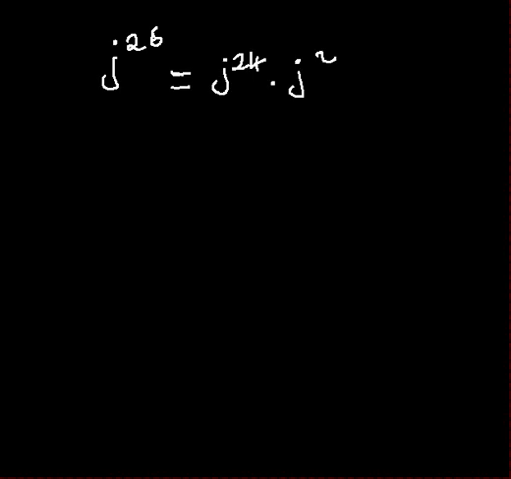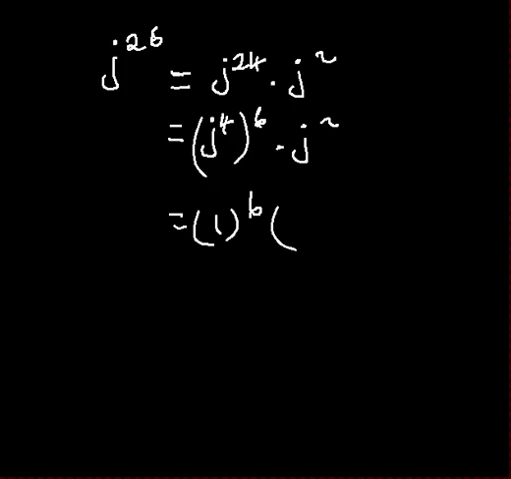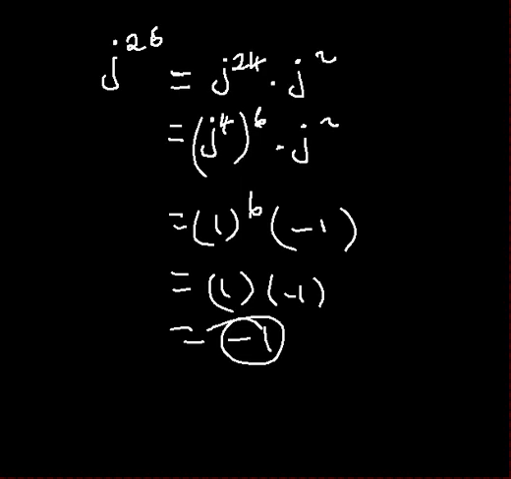But 24 can be expressed as i to the power of 4 times 6, times i to the power 2, of which this is given as positive 1, and this is given as negative 1. That is the same as 1 times negative 1. We should have it as negative 1.